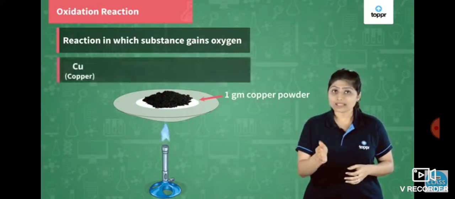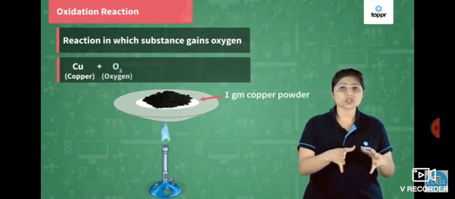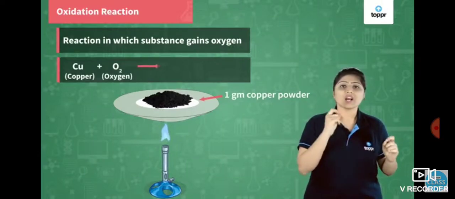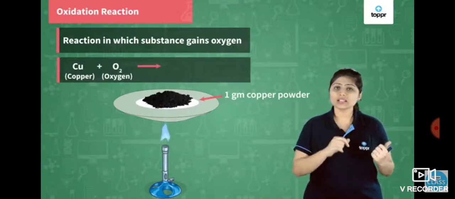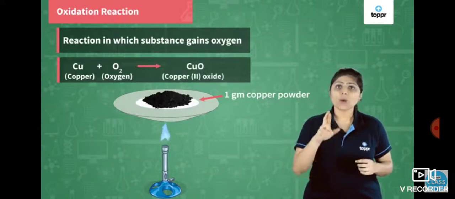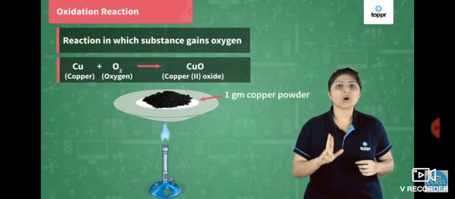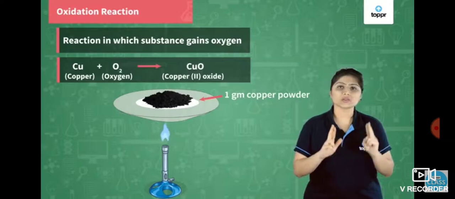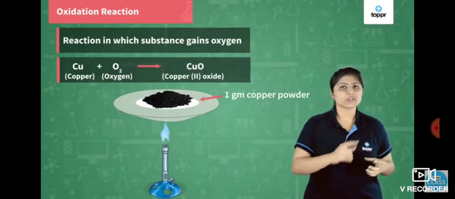That means copper, Cu, reacted with oxygen, O2, and forms copper oxide. Now here, this is copper 2 oxide. Copper 2 indicates that the valency of copper is 2 and oxygen valency is also 2. So the formula becomes CuO.